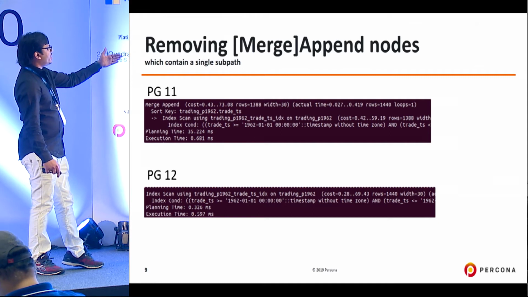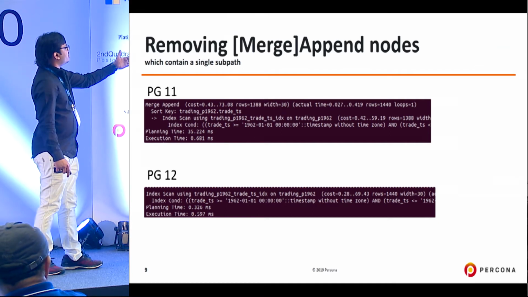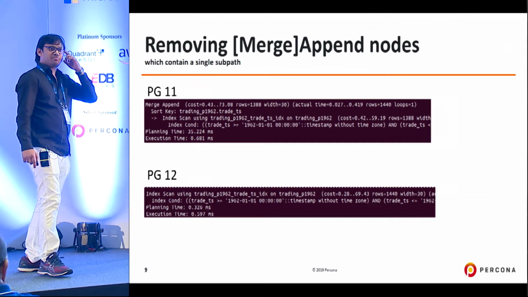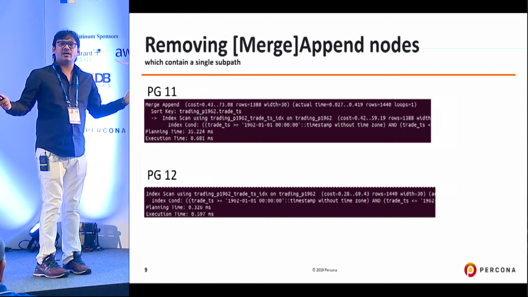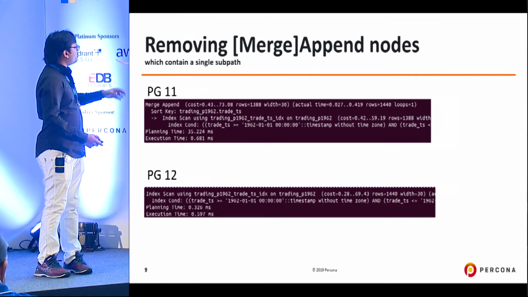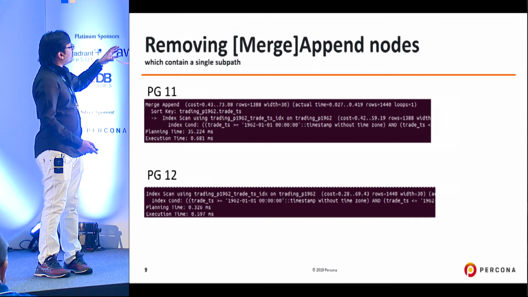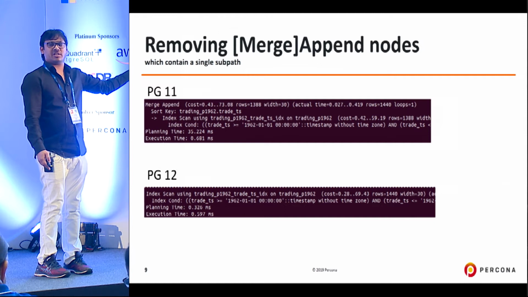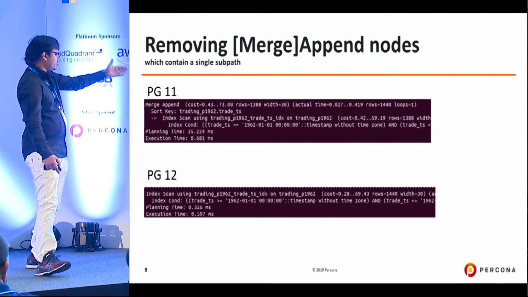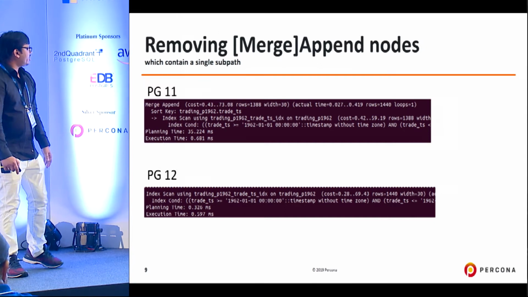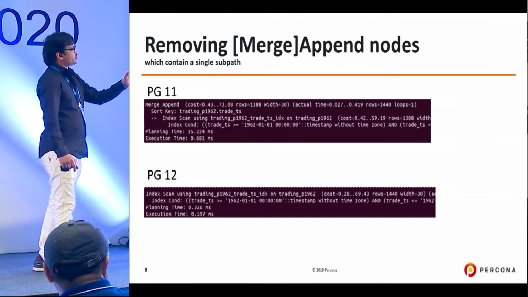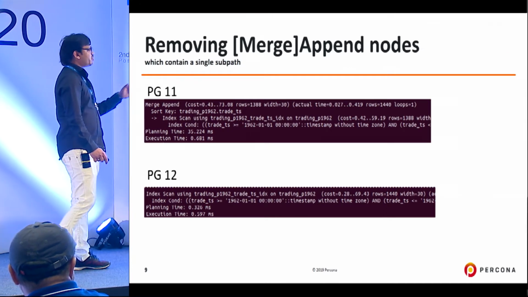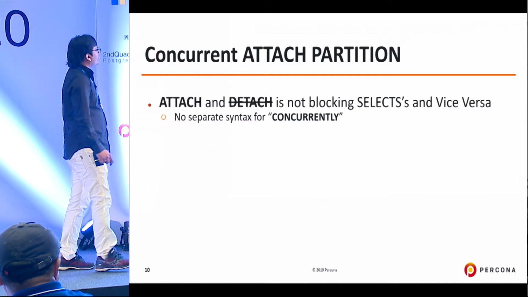Even in the past, there used to be an additional stage, even with a single subpath, wherein it needed to merge all the subpaths when you have too many partitions in place. But if it's just a single subpath, you don't need a merge append happening. So it further reduces the planning time and even the execution time, or the total time, which is planning time plus execution time.